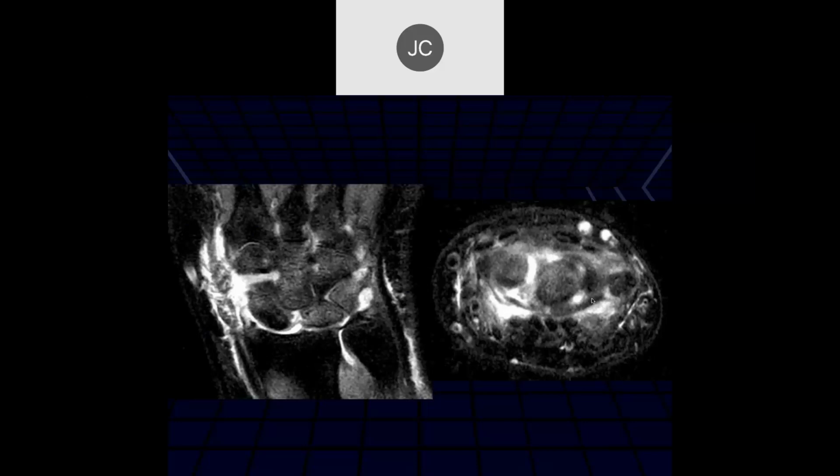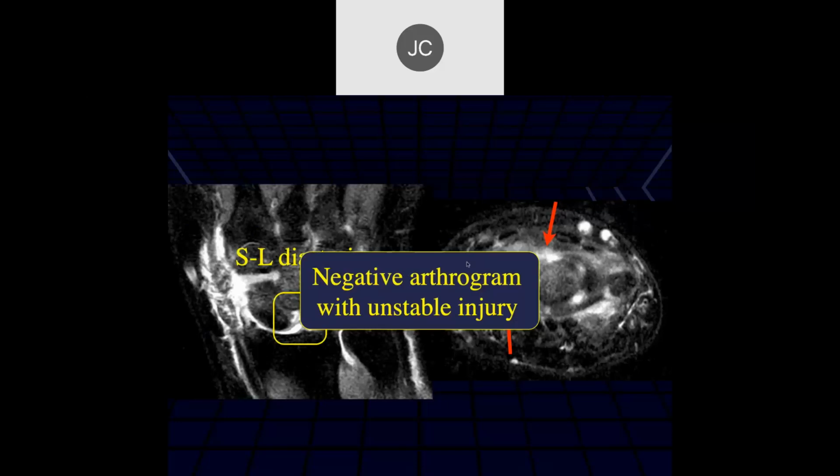So the membranous scapholunate looks a little irregular there. Diastasis, dorsal band, yeah, very indistinct. Right. Yeah. And this was actually an arthrogram, and you see there really isn't a lot of fluid going in, distending the midcarpal compartment. And this was a negative arthrogram, but this was an unstable injury.